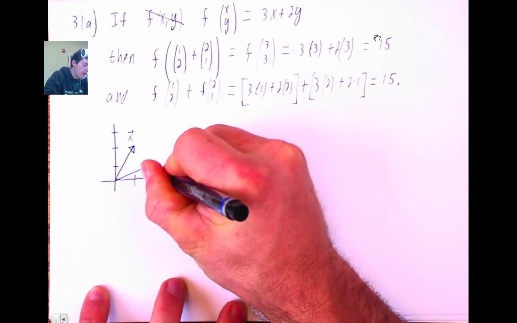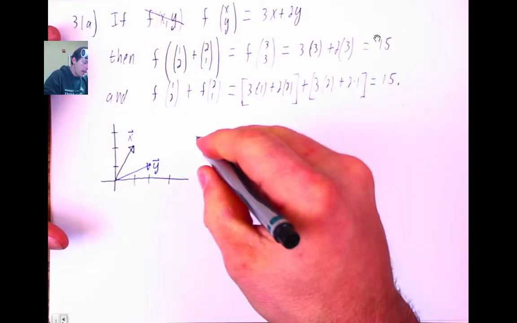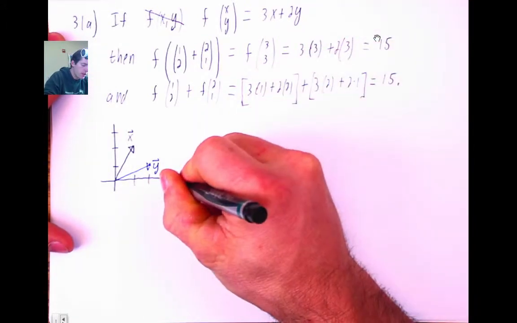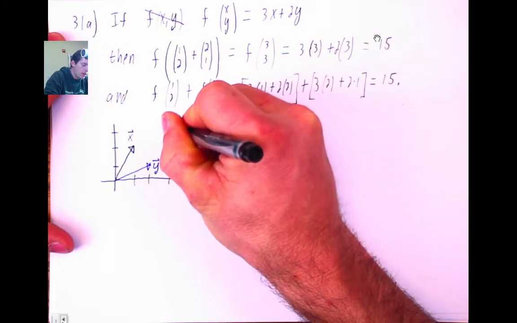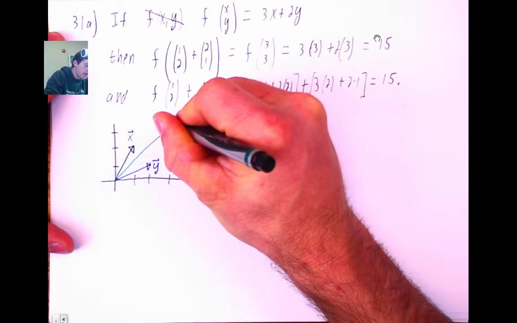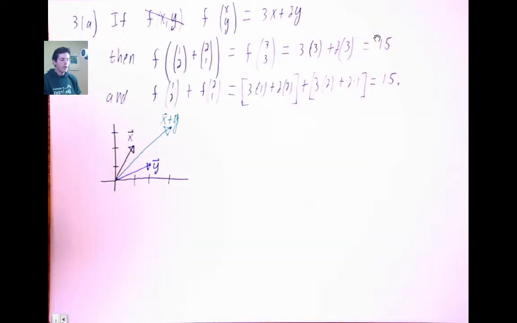Y harpoon sits right there. And then also I need to draw x plus y in the domain, and let's see, that would be the vector 3, 3. So 3 and 3, I'd draw the tip of this guy right there, and that is x vector plus y vector.